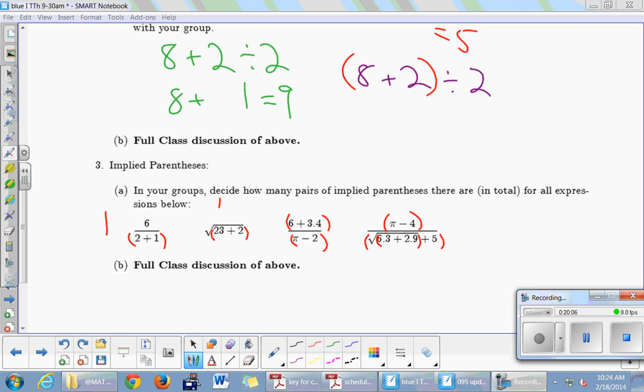This is a big division problem, and if I don't put parentheses there, then I've lost the fact that I need this addition to happen before the division happens. This is a division, this is an addition. I'm going against the natural order of operations, so parentheses around the entire denominator. So that one's got 3, 3 for this one, 2 for this one.